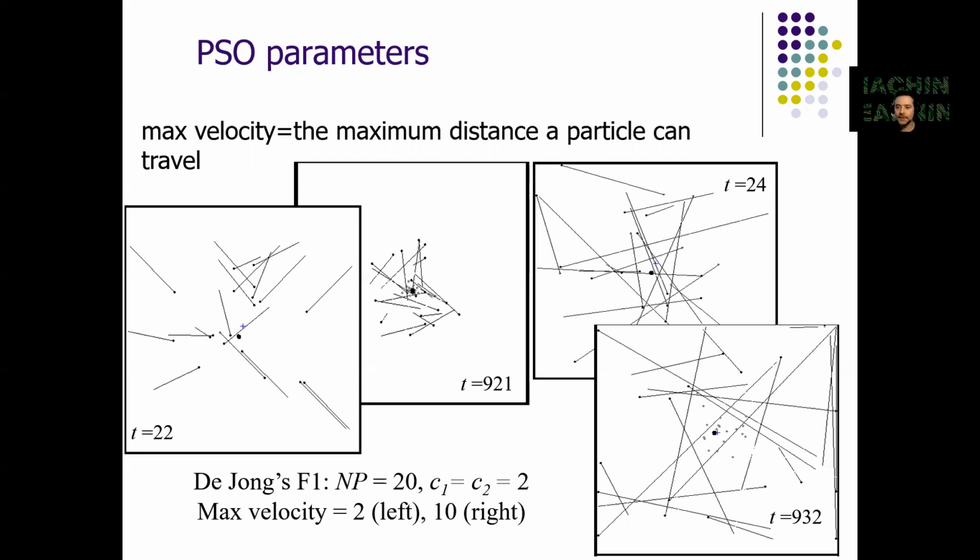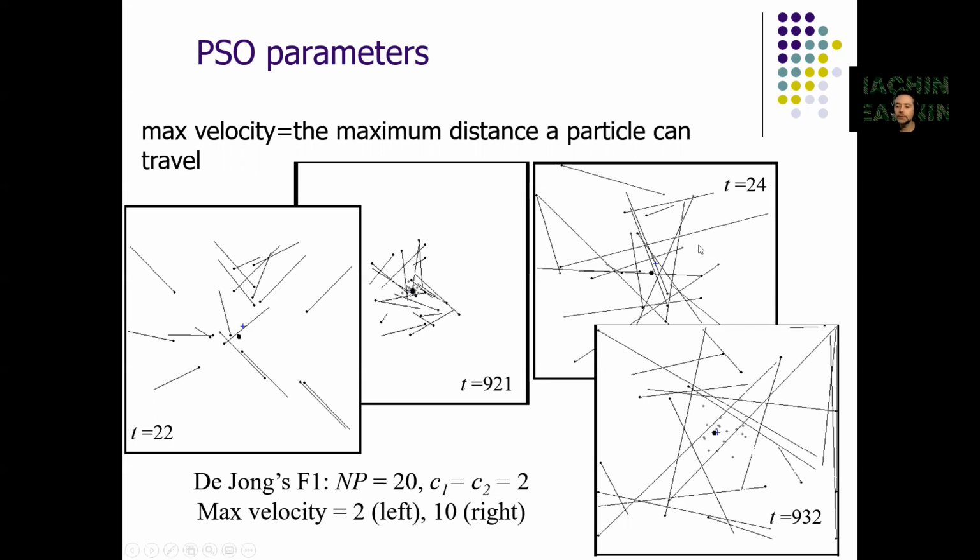And the situation becomes a disaster in the scenario on the right side, where max velocity is 10. That causes serious problems. The particles oscillate. Although you have the global, it's the red cross, and this is the best particle in the swarm, the global best, which is very close.